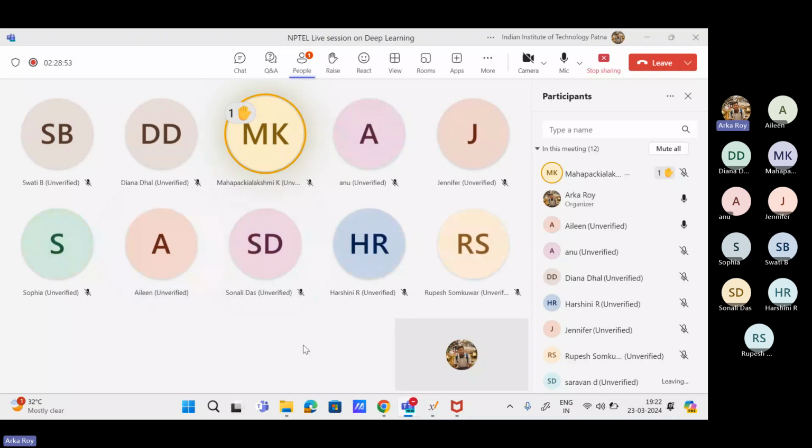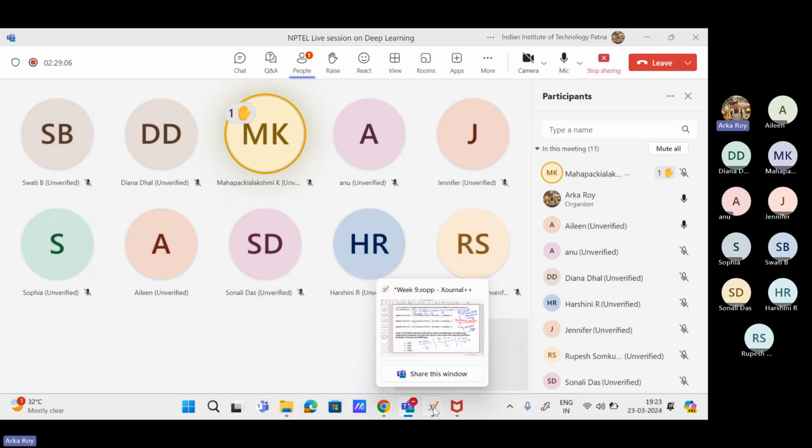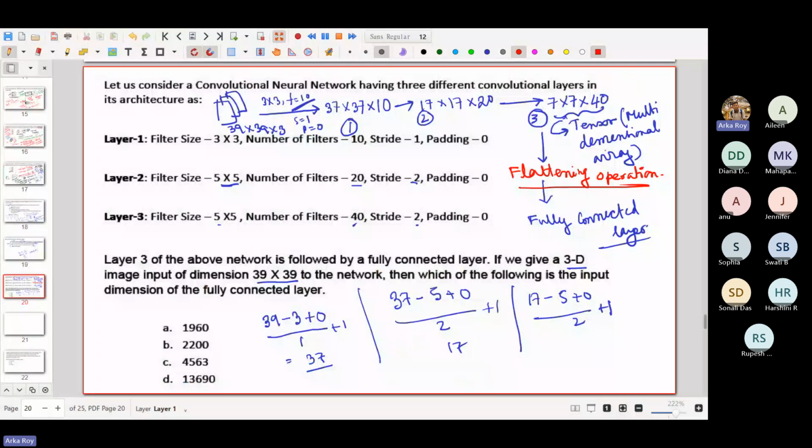Yeah, so did you run that particular code at your end? We studied. Okay, so if you have studied, you can remember that there was a flatten layer. Yes, yes.